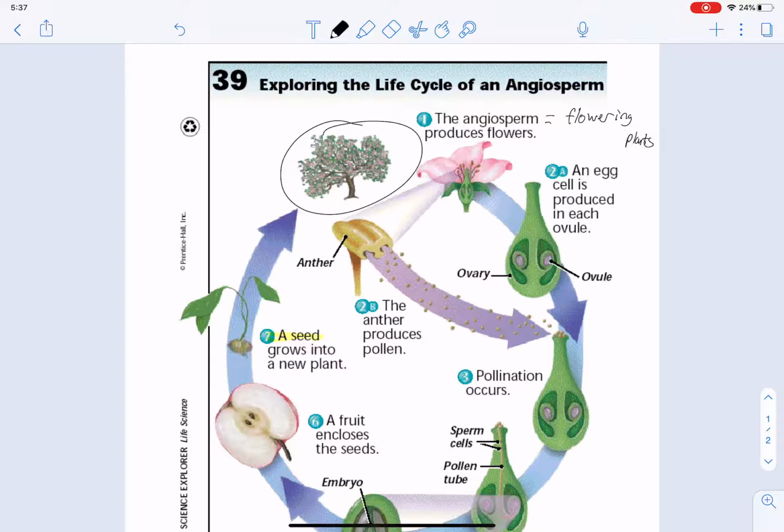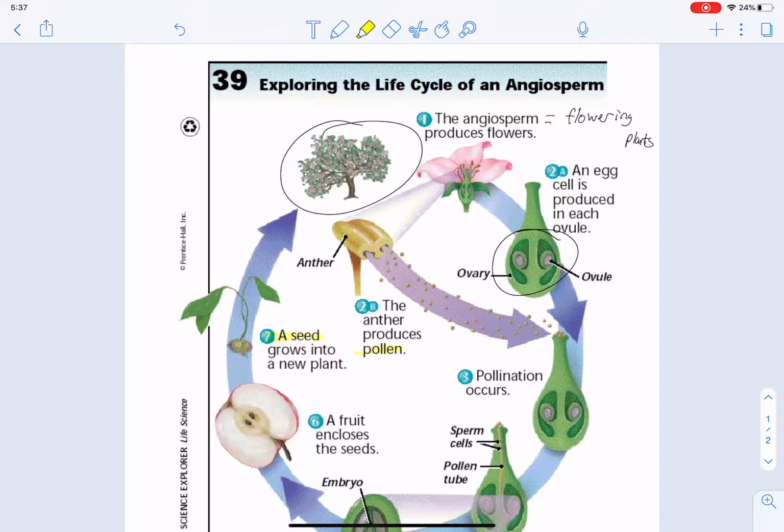Each plant has male and female reproductive parts on them. So the egg cells, the female reproductive parts, are held or carried in these storage areas for production called ovules. And the male reproductive parts are found in pollen.